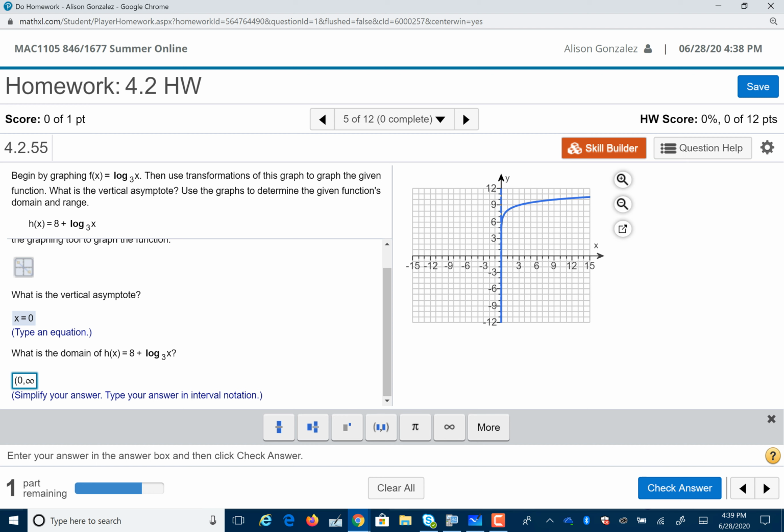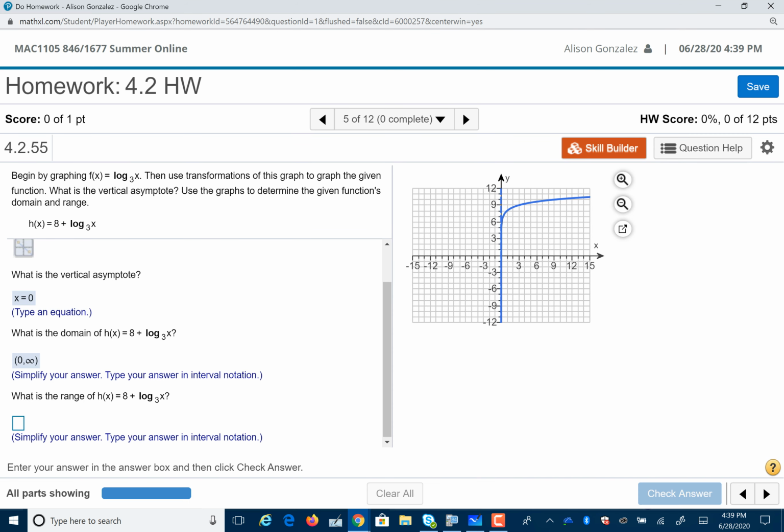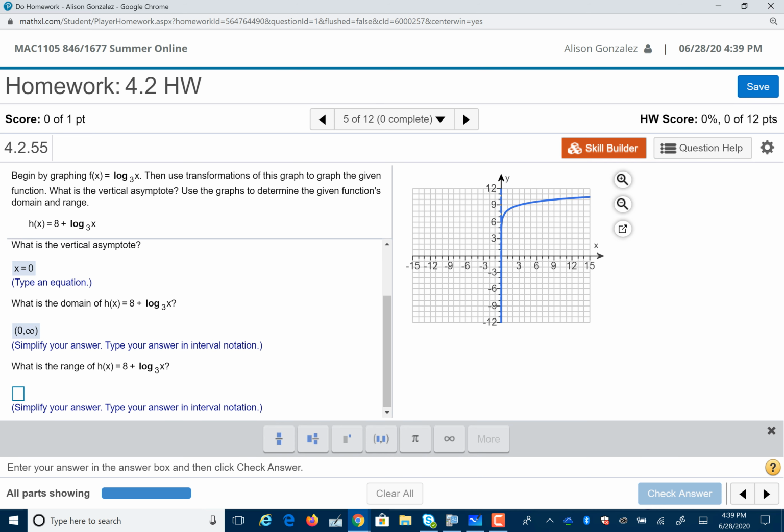And then it's defined for all x that are strictly greater than 0. So the domain's going to be 0 to infinity here. And the range, as you can see, is all real numbers. We'll move on from that problem.